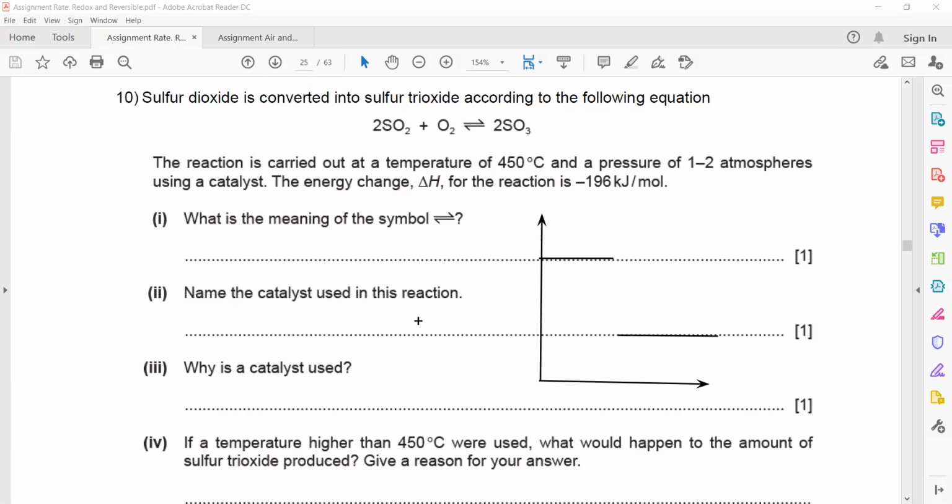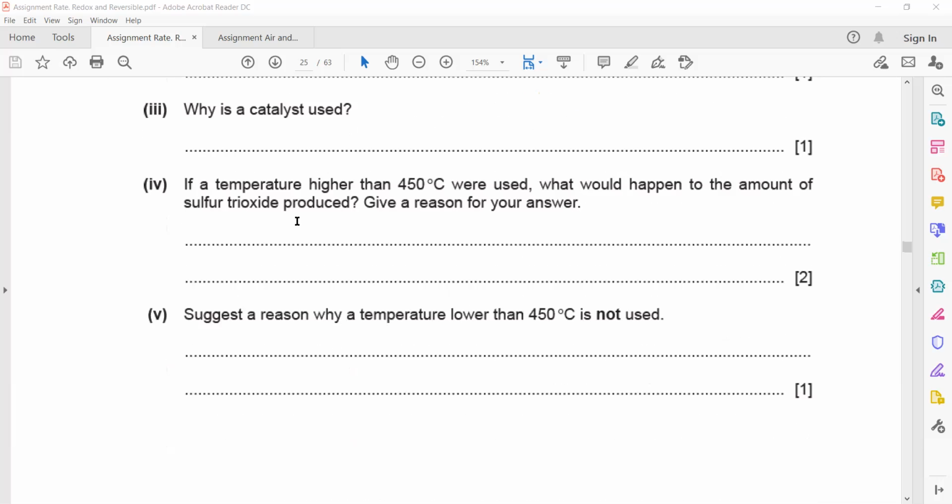The forward reaction is exothermic, so an increase in temperature will shift the equilibrium towards the left-hand side. The rate of decomposition of sulfur trioxide is higher as compared to its formation.